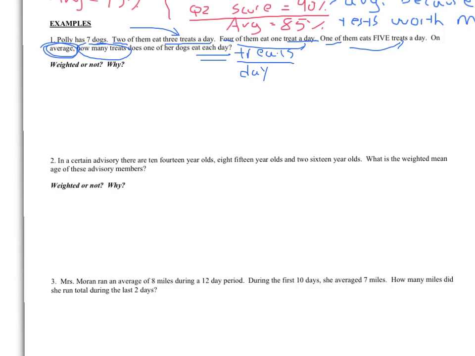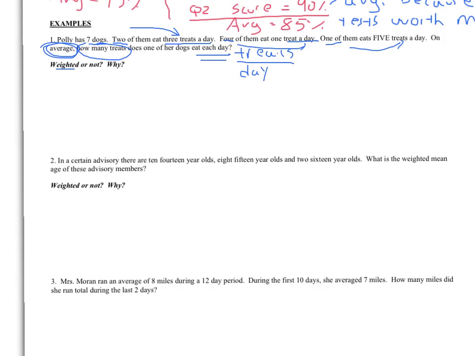So this is really important that you can understand. This is all that's really asking for. All of our dogs, on average, how many treats do they eat per day? Okay. So we could do this. First of all, let's answer this question: is it weighted or not? Do we just find a regular average, or do we need to find a weighted average? Think about that.